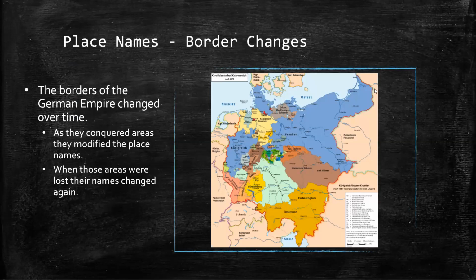So you see Prussia, this large blue area, covering most of Eastern Germany, all the way into Poland and Lithuania. You see Bohemia, Austria, Österreich down here, Württemberg. You see Baden up here.